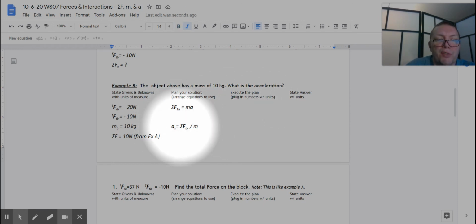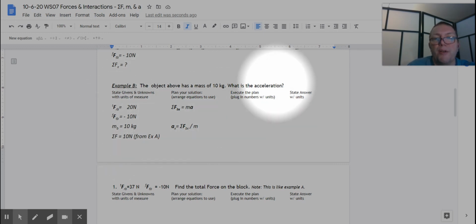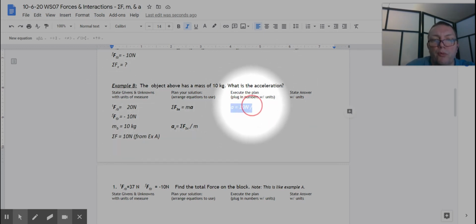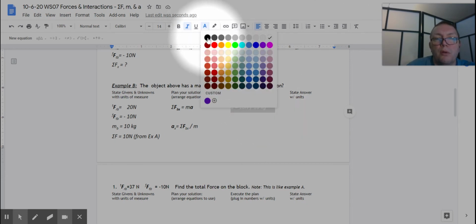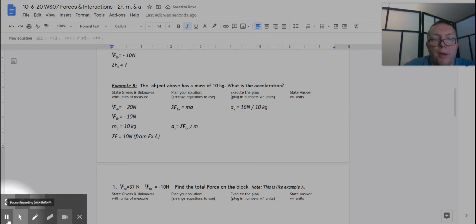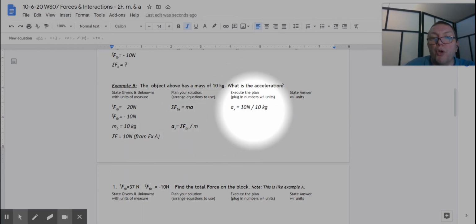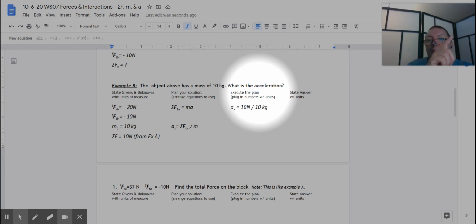Execute the plan. If this is the relationship I'm using, I can plug in these values. And remember that we're using the information from before. Question A and B are linked, just like in a minute, question 1 and question 2 will be linked for you.